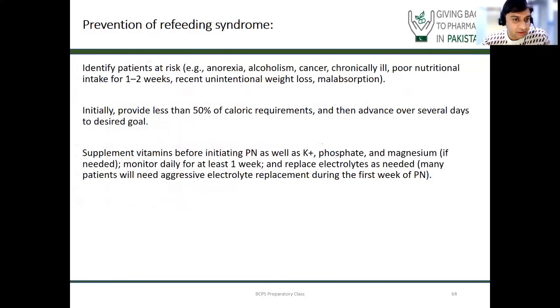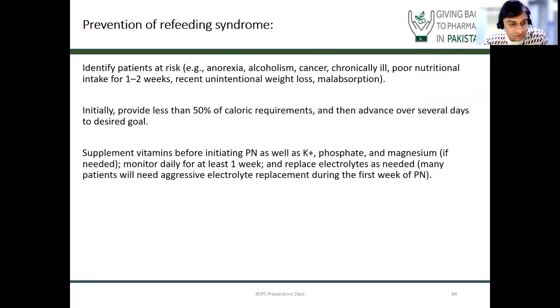Identify patients who are at risk, as we discussed initially: patients who are anorexic, alcoholics, cancer patients, chronically ill patients, all of them are at high risk. How to deal with these patients? In all of them, always provide less than 50% of the calories, and then escalate the calories over the next couple of days.